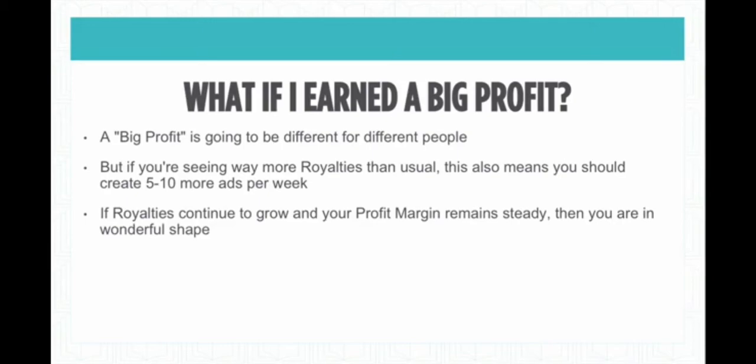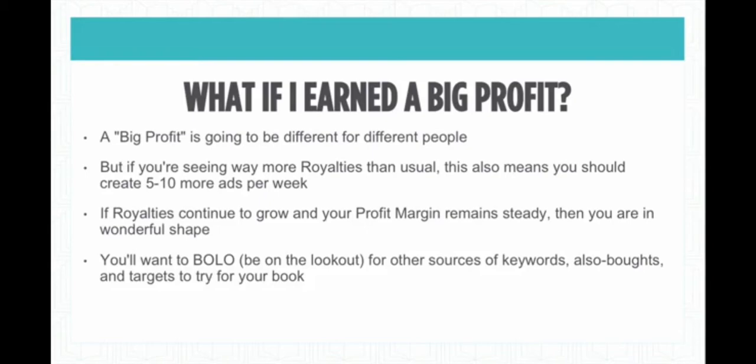I have seen people change their titles, their covers, their blurbs, and they shouldn't have, because their return was actually already pretty good. They flew too close to the sun, a la Icarus. And really, they should have just tried to keep where they were, but keep flying and get more ads into the system. Now, you'll want to be on the lookout, BOLO, for other keyword sources.